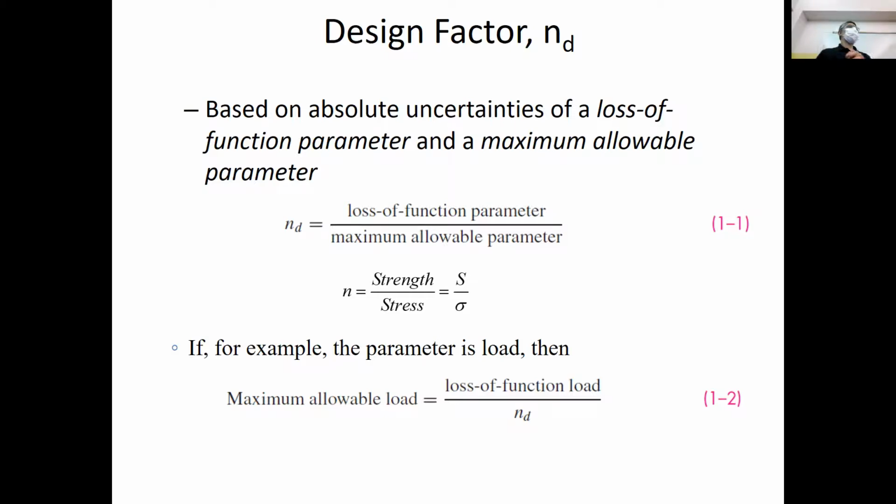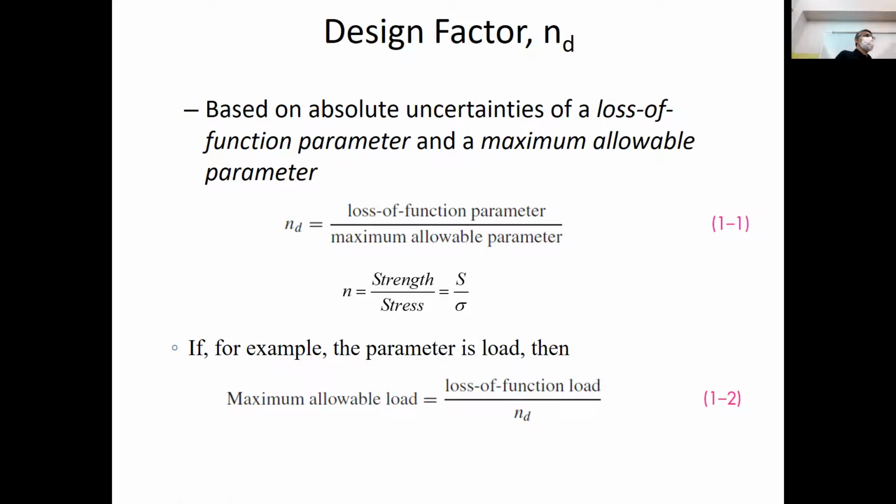If your parameter is load, then you can say the maximum allowable load is equal to the loss of function load divided by a design factor. So if I'm looking at this equation, would you think that this design factor N D would be greater than 1 or less than 1?